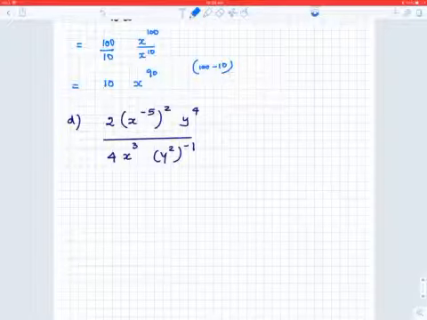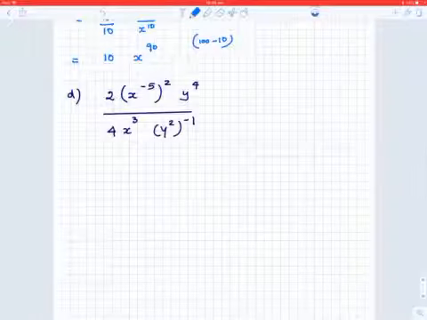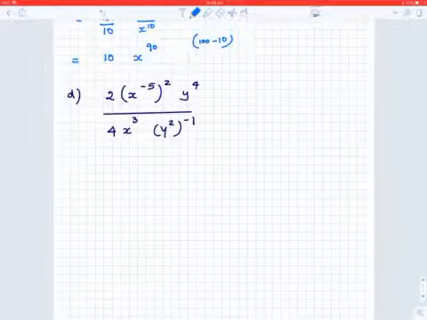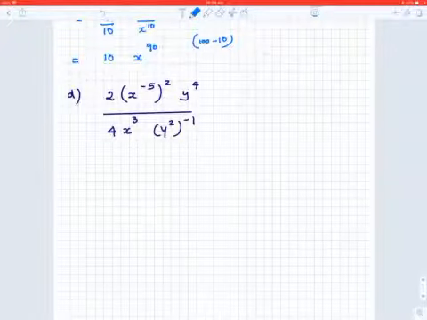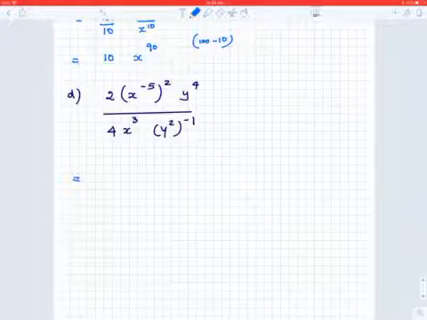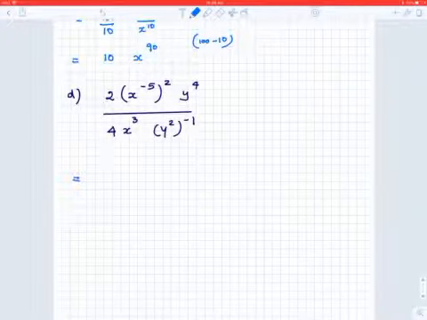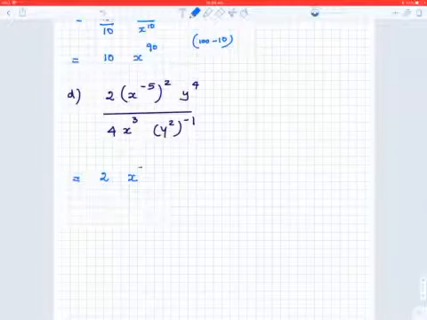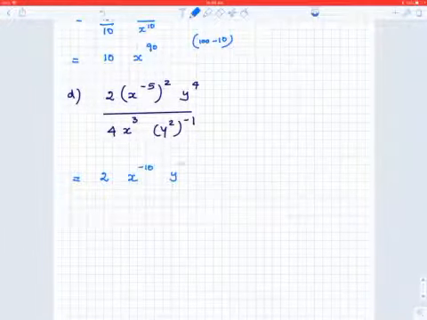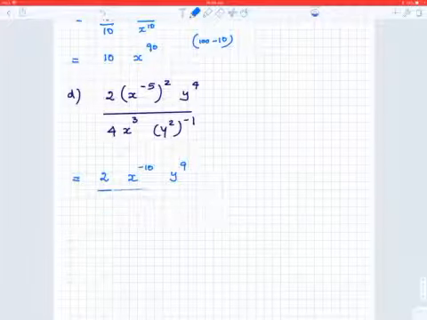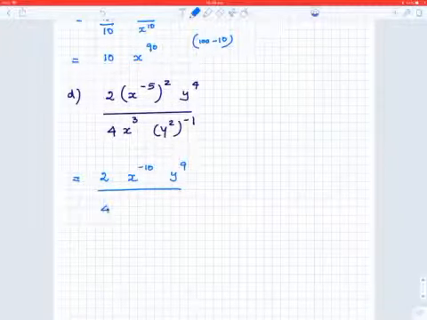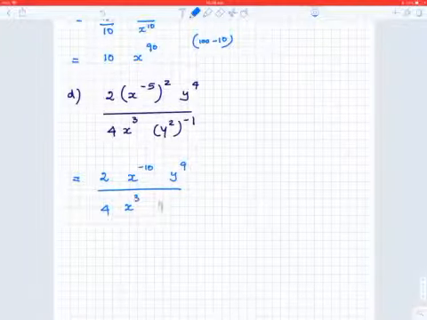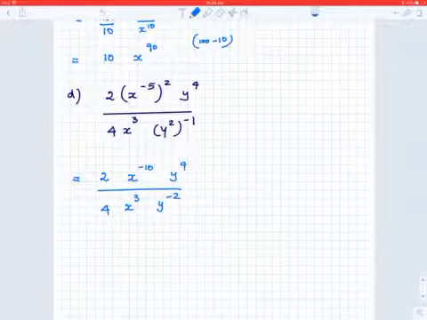Now we are going to do a little harder question. We may apply so many rules. We'll start with first removing the brackets. So when I do this, it becomes 2x power negative 10 y to the power 9 over 4x cubed y to the power negative 2.